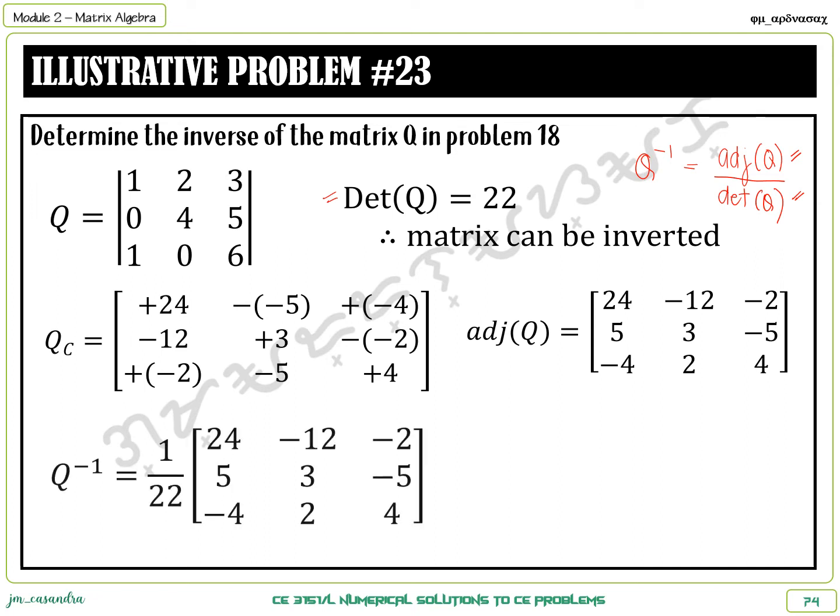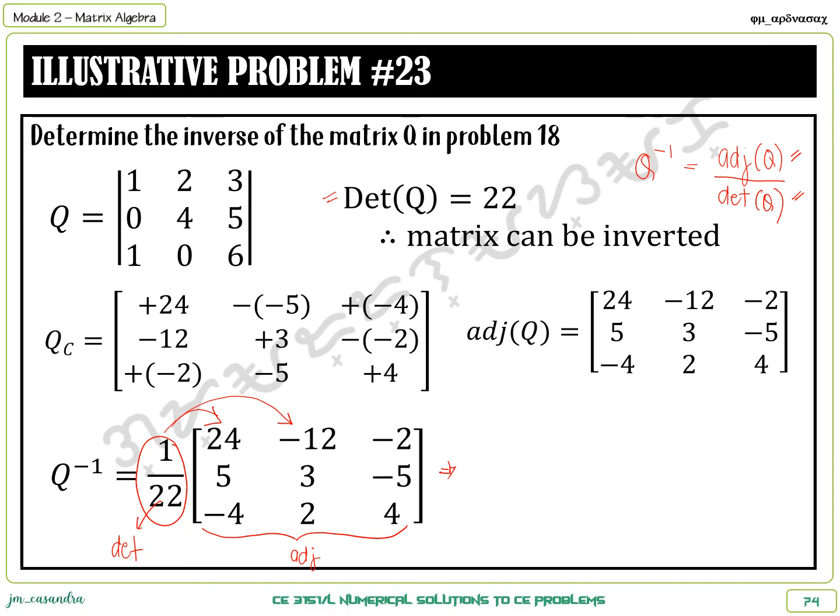So the inverse now will simply be 1 over 22, which is your determinant. This one is our adjoint. So just simply distribute your determinant, since it's a scalar value, to all of the elements.